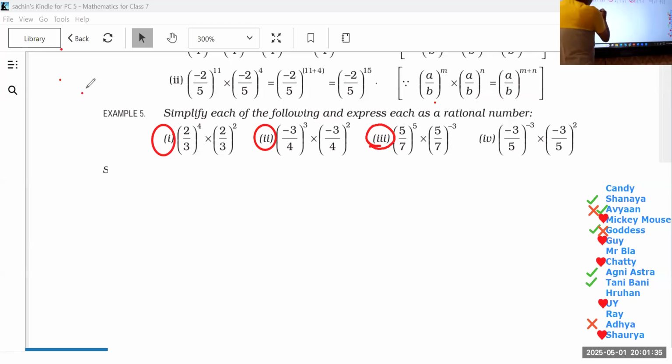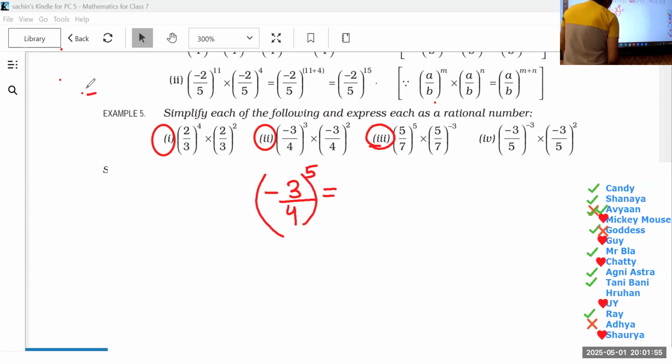So guys, let's see. So minus 3 by 4 raised to the power 5.